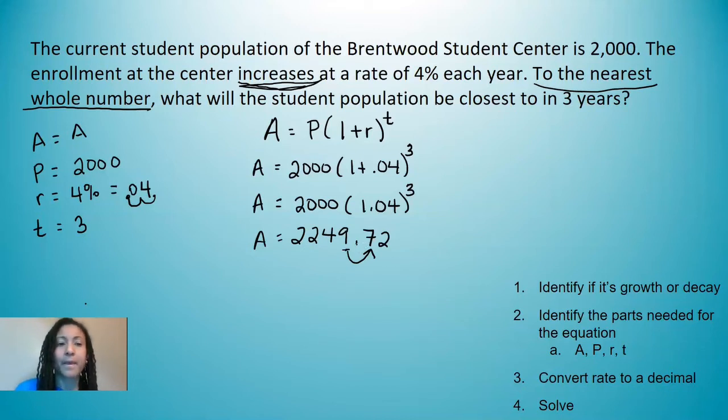Now, because we're talking about people, it varies. Can I have 2,249.7 people? No. So does that mean I add an extra body, or I count less? In this case, we count less. So it becomes 2249.